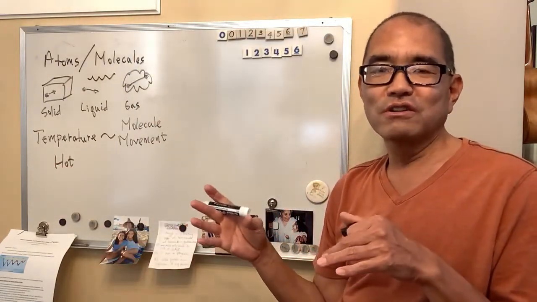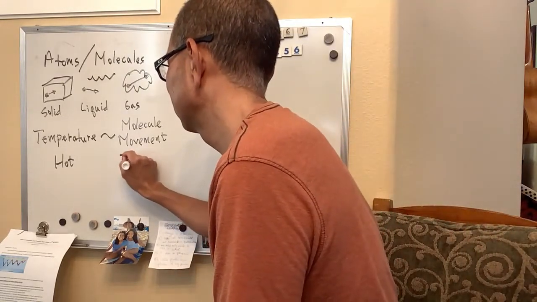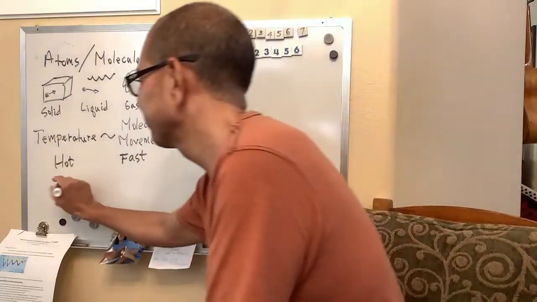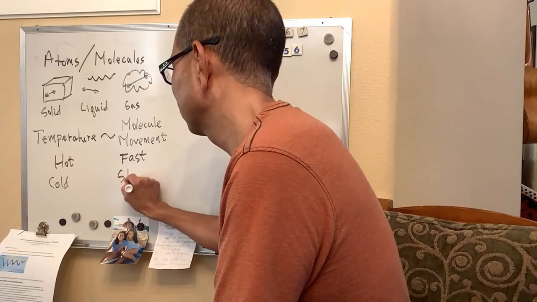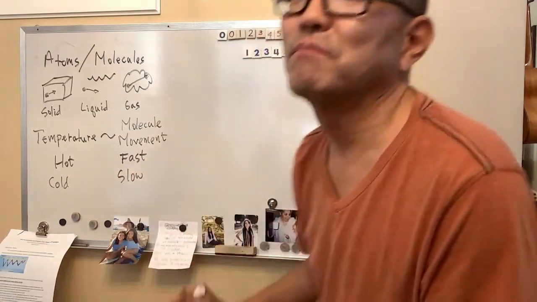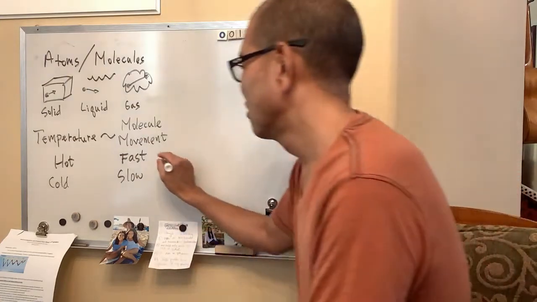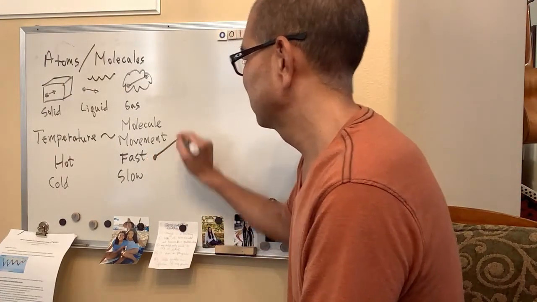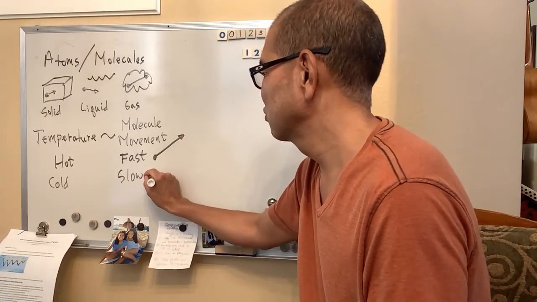Hot temperature will be related to fast moving molecules. And cold temperature will be slow. Now remember, we represent fast with long arrows, and slow we'll represent with short arrows.